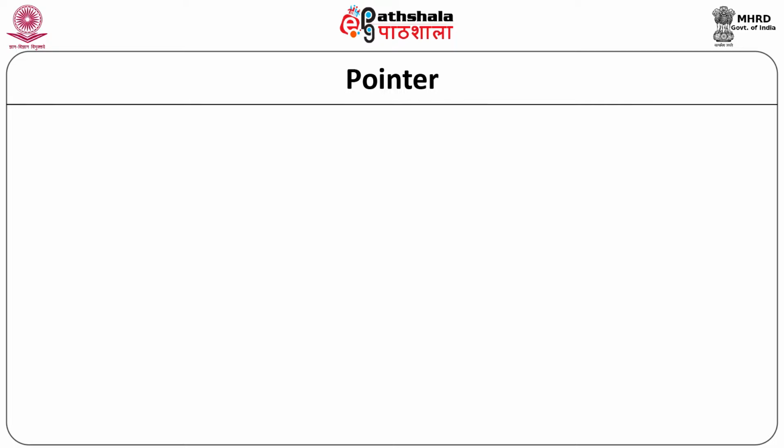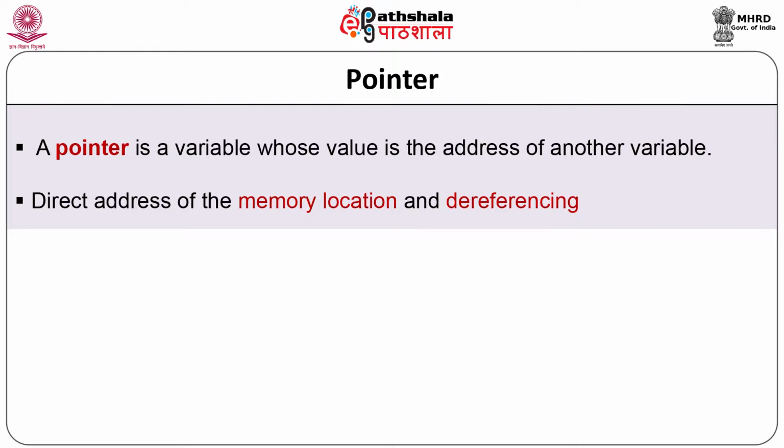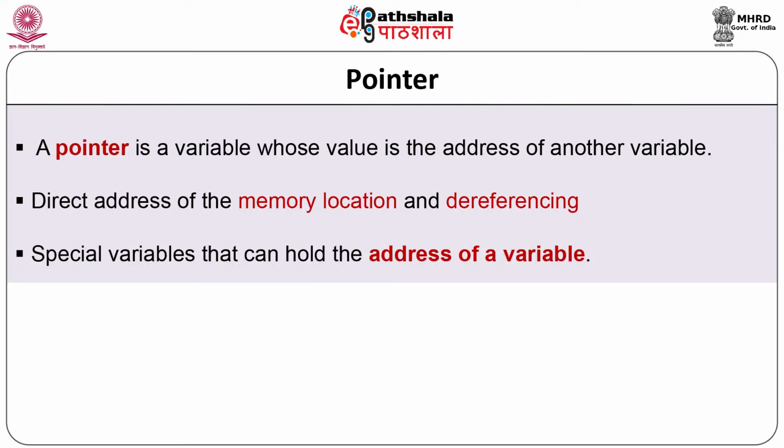Pointer. A pointer is a variable whose value is the address of another variable, that is, the direct address of a memory location. Like any variable or constant, you must declare a pointer to store any variable address. Pointers are special variables that can hold the address of a variable.